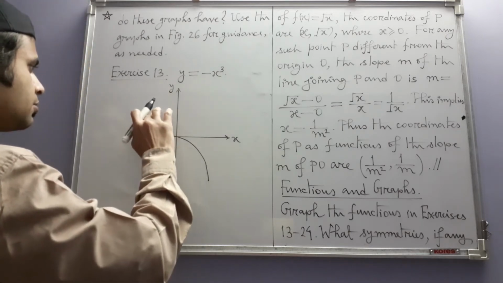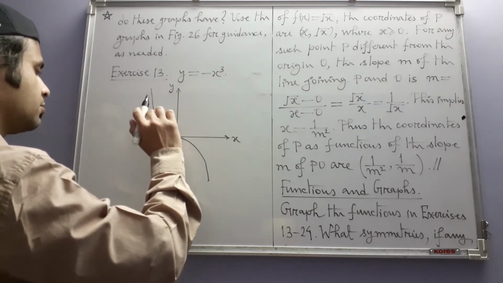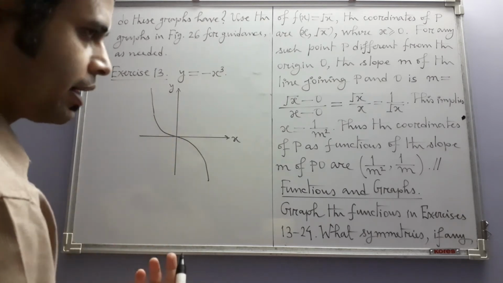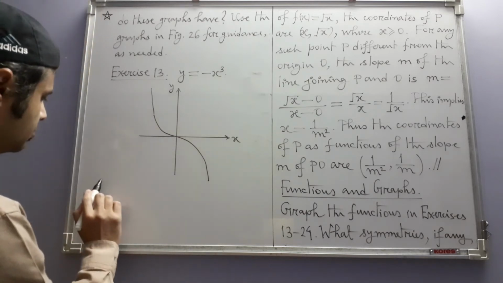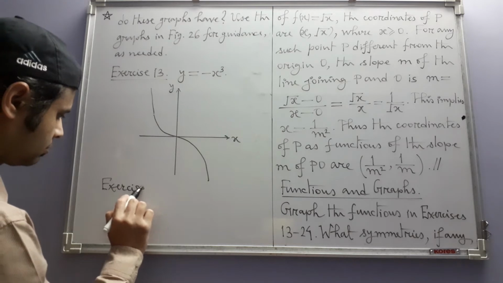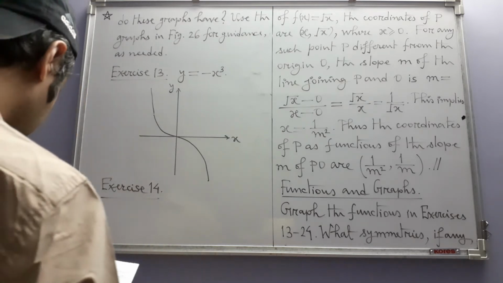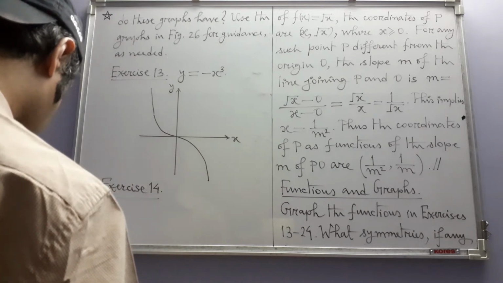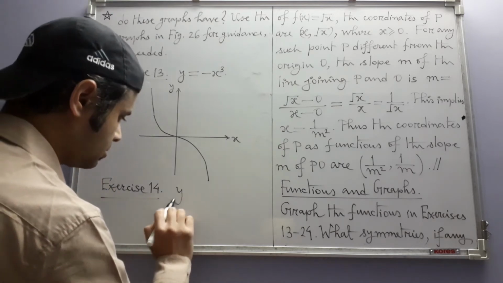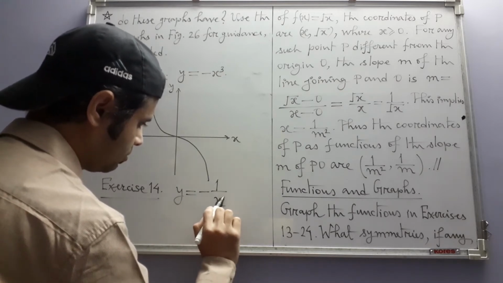Which of course I haven't been able to draw quite nicely, but you can understand what we are doing here. In exercise 14, the function is minus 1 over x square.